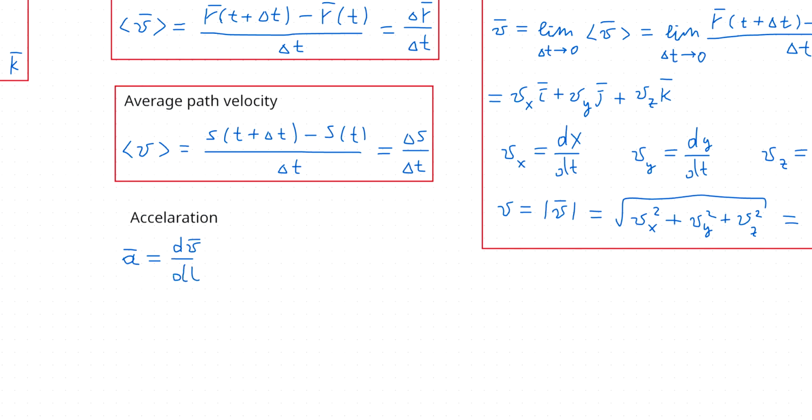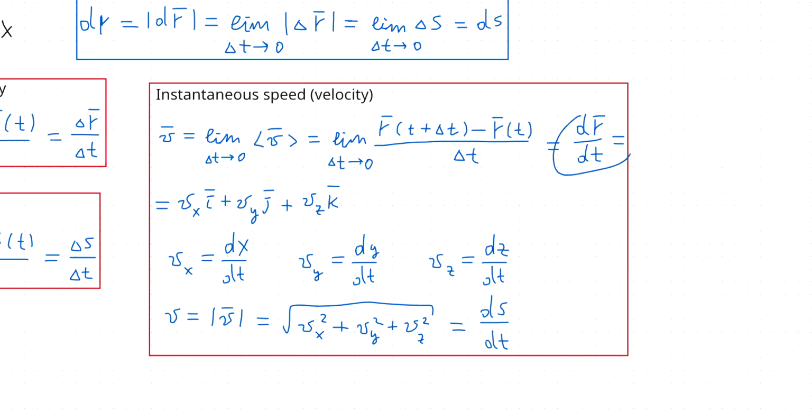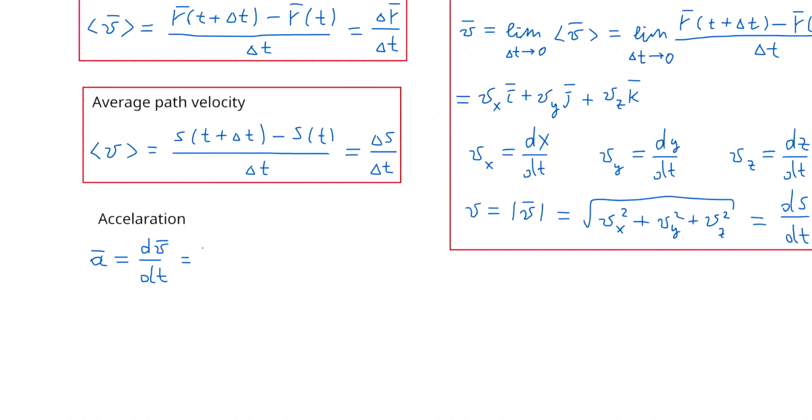And we can remember that velocity is the derivative of the radius vector, so we will have the first derivative of dr by dt.